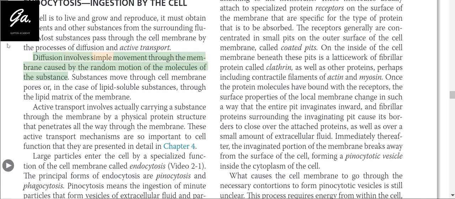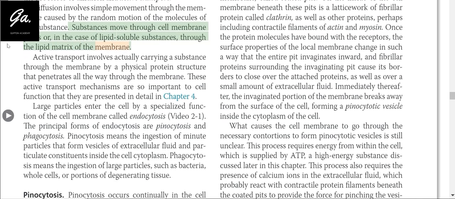Diffusion involves simple movement through the membrane caused by the random motion of the molecules of the substance. Substances move through cell membrane pores or, in the case of lipid-soluble substances, through the lipid matrix of the membrane.